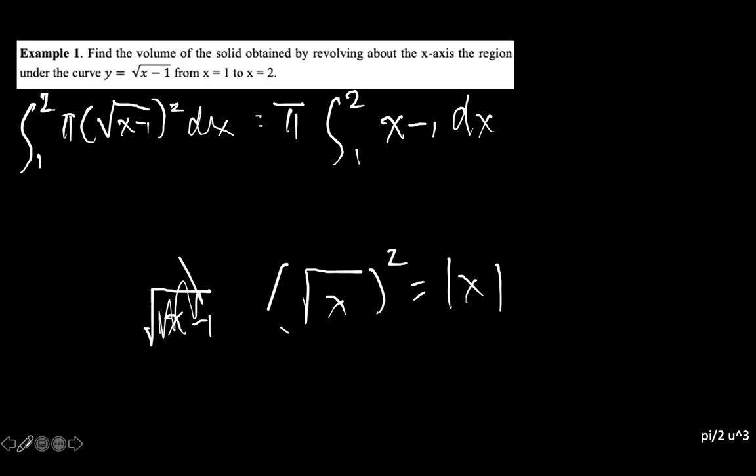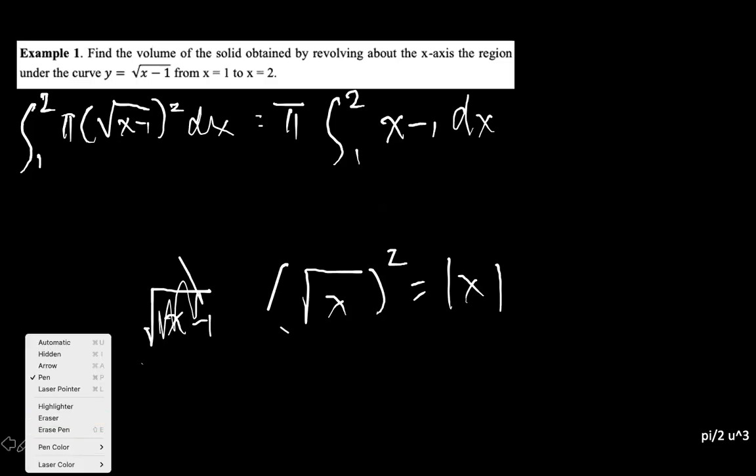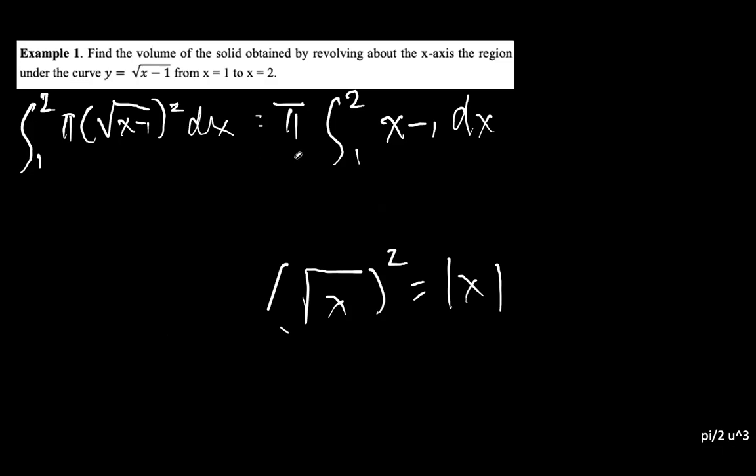Pag hindi niyo yan alam, ay nako. Okay. Sir, ba't hindi natin linagyan ng absolute value si x minus 1? Sabi dito sa property, the square root of x squared is equal to the absolute value of x. Ba't hindi natin siya linagyan? So mali ka, mali ginagawa mo.